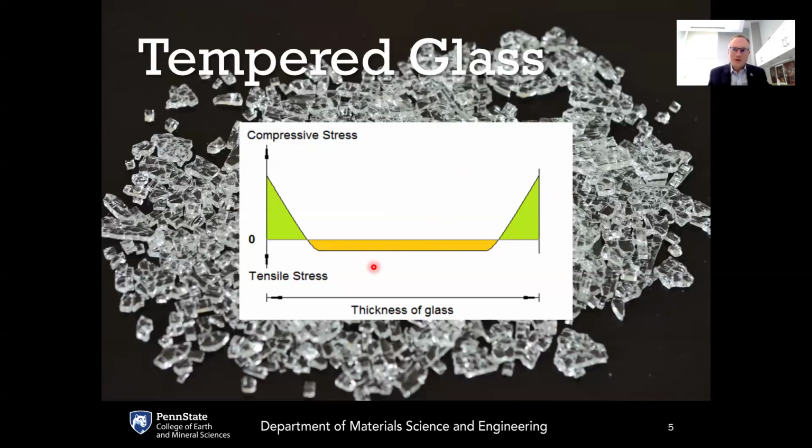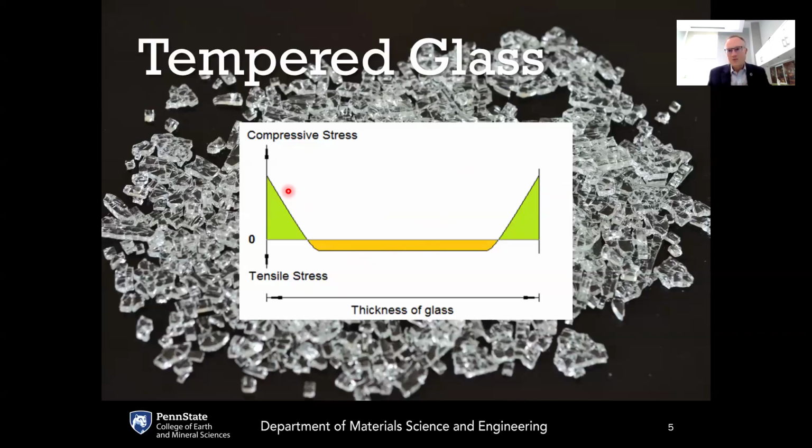With chemically strengthened glass, this also involves installing compressive stress in the outer surfaces, but this is through a chemical means, through an ion exchange process. This is, for example, how Corning Gorilla Glass works. The glass is initially formed by having a small alkali ion in it, like sodium. That gets submerged in a molten salt bath that contains a larger alkali ion, like potassium.